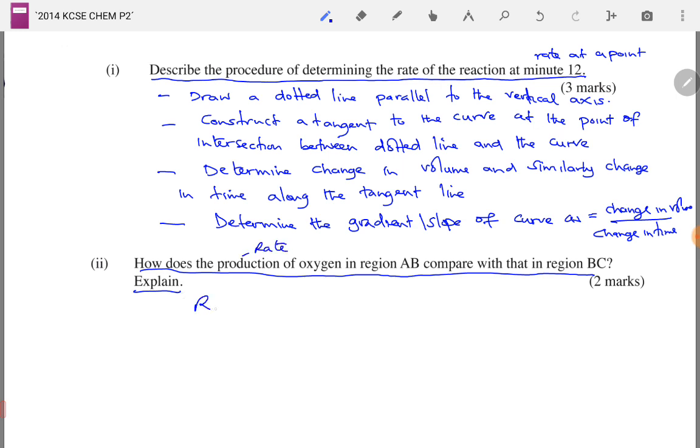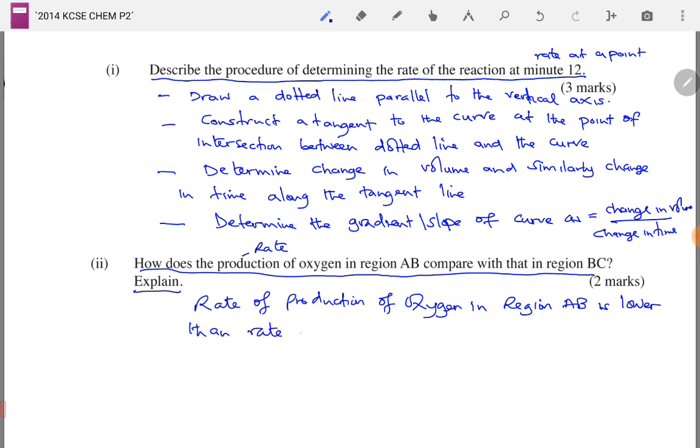So we can say rate of production of oxygen in region AB is lower than rate of production of oxygen in region BC.